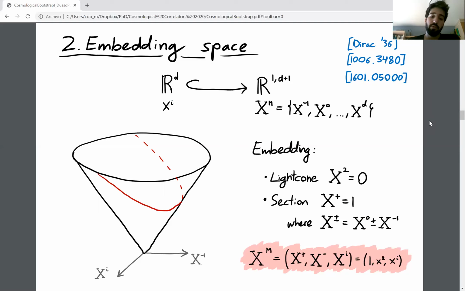In this embedding space formalism, what we do is we are studying a Euclidean CFT in R^d. We are going to embed this space in a higher dimensional space, which is Lorentzian.